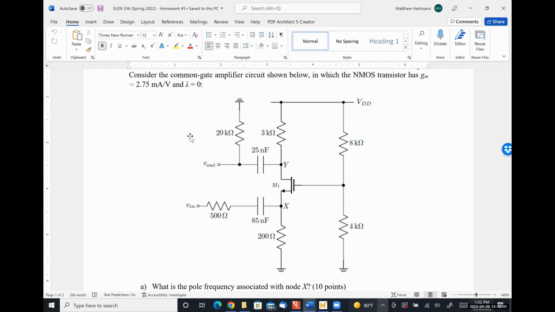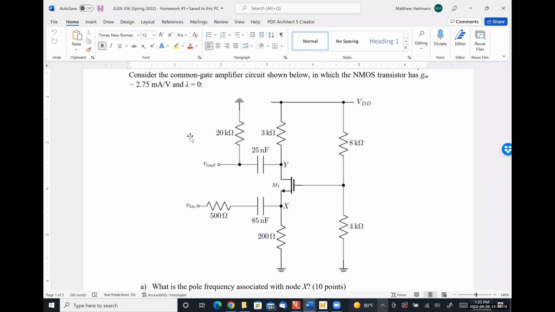The resistance associated with node X: we have 200 ohms of resistance in parallel with 1 over GM, which I give you what GM is. And then that's going to be in series with the 500 ohm resistor when we ground this node out. So that's RX and CX. For RY, we see 200 in series with 20K in series with 3K. CY is 25 nanofarads. Calculations done.